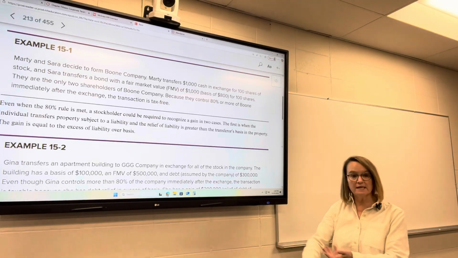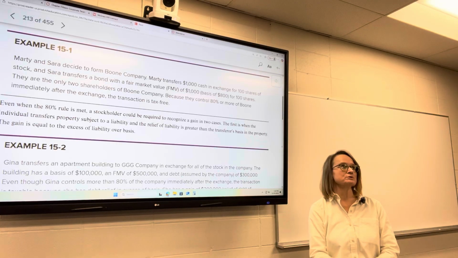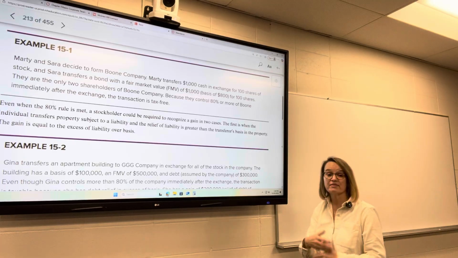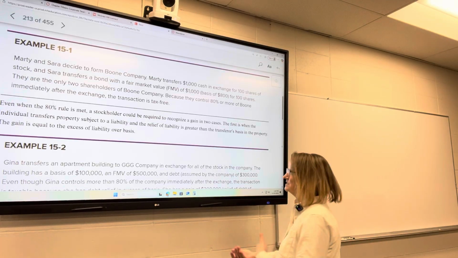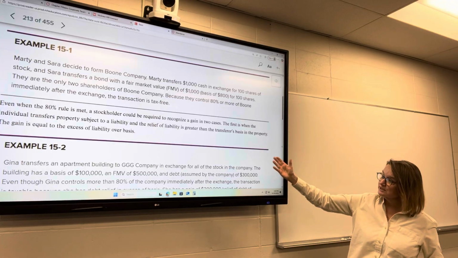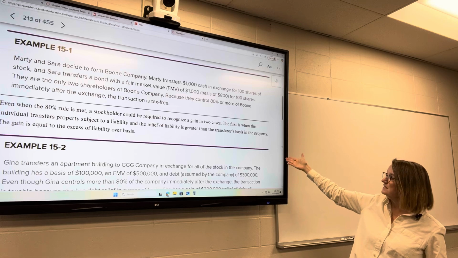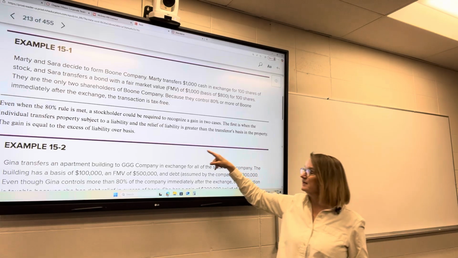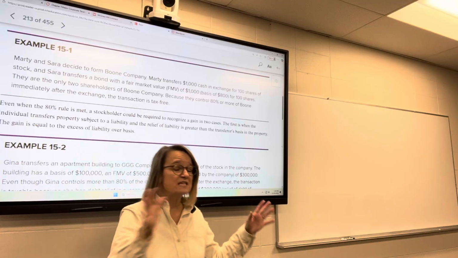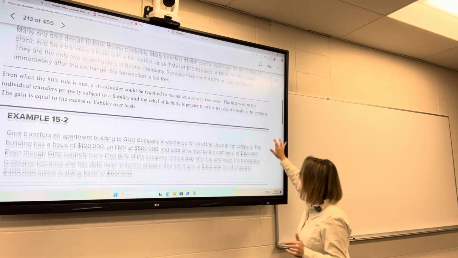When we transferred it in, if there was a liability attached, and if that liability was more than the basis of the asset, then there was a gain that had to be recognized. So when the individual transfers property subject to a liability and the relief of the liability is greater than the basis in the property, then the gain is equal to the excess of the liability over the basis. So same as with partnerships. Same thing that we discussed in the last chapter.